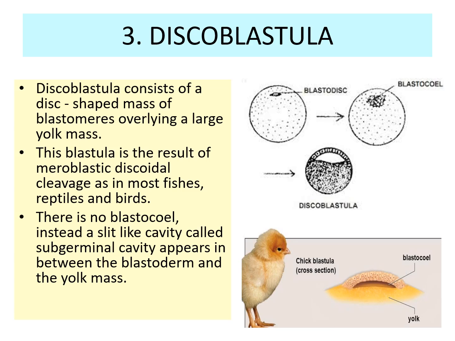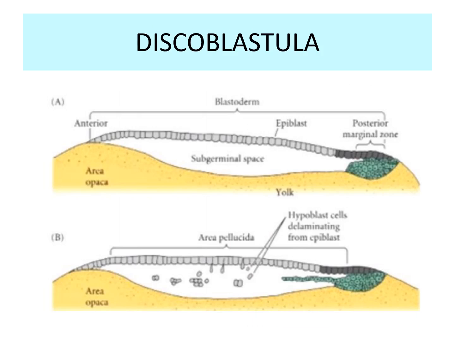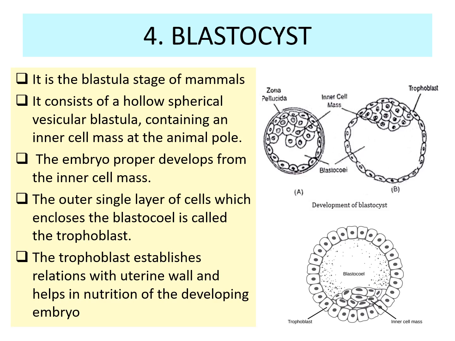Instead, a slit-like cavity called the subgerminal cavity appears between the blastoderm and the yolk mass. So the blastodisc is present on one side of the yolk mass. This is the example of discoblastula. In this way the cells are formed, and the blastoderm is formed on one side of the area.